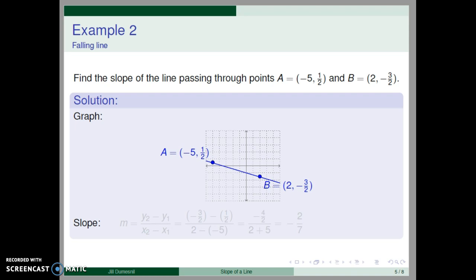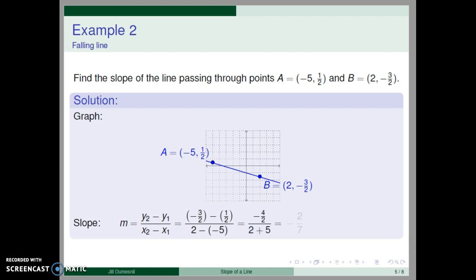That is, as we read the graph from left to right, the line falls. To find the slope, I again reference the slope formula. We subtract the y-coordinates, -3/2 minus 1/2 in the numerator, and we subtract the x coordinates, 2 minus -5 in the denominator.